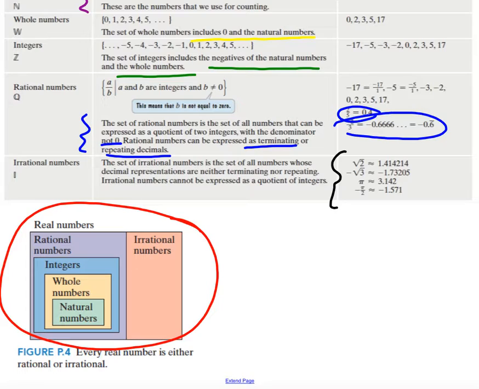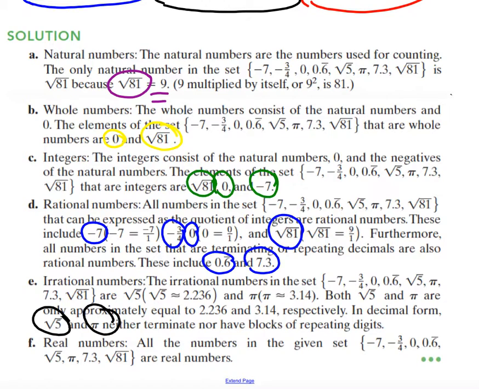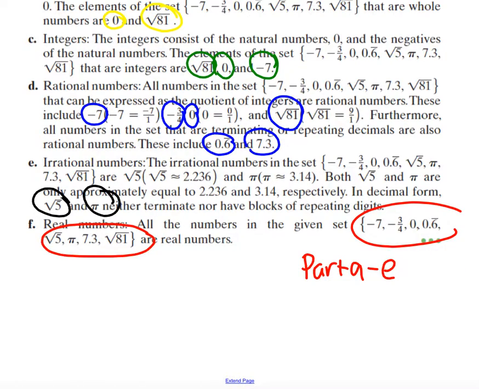So it's your rational numbers, your integers, your whole numbers, your natural numbers, and your irrational numbers. So that would be that entire set that we listed above. Parts A through E, all of those solutions. So here are all of our pieces.